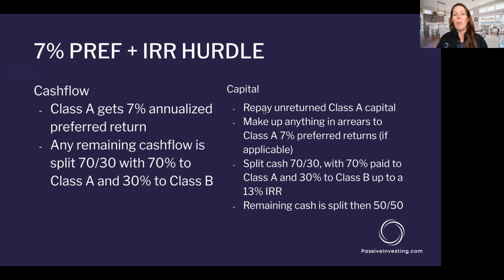And then when the asset sells on the capital side, the waterfall goes that you have to repay any unreturned capital to Class A, make up any arrears to preferred returns, and then you start splitting the equity on the deal to a 13% IRR, and then any remaining cash is split 50-50. Okay, this is very simple. It has a hurdle in it, but it is a very simple stack.